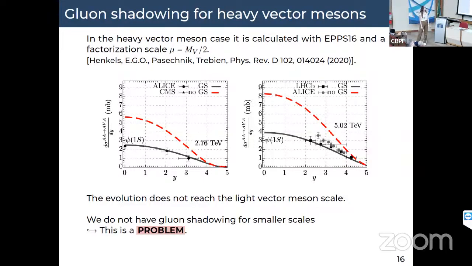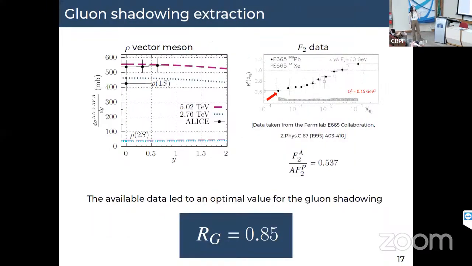We don't have gluon shadowing well enough for the light vector mesons. So we found a way to extract the gluon shadowing.